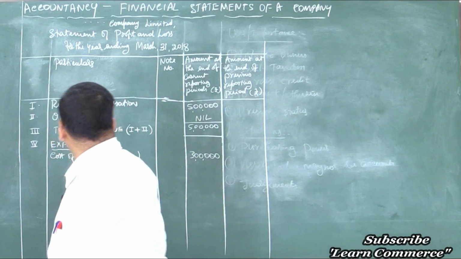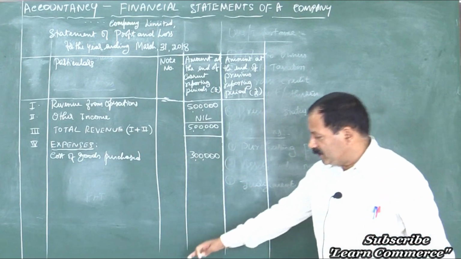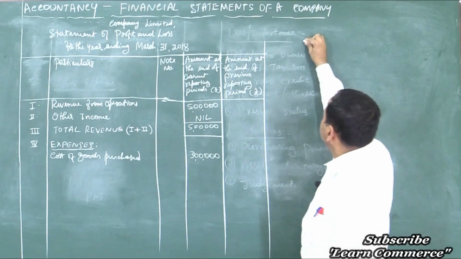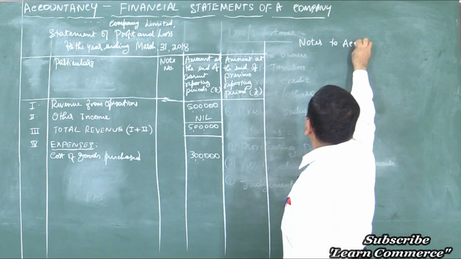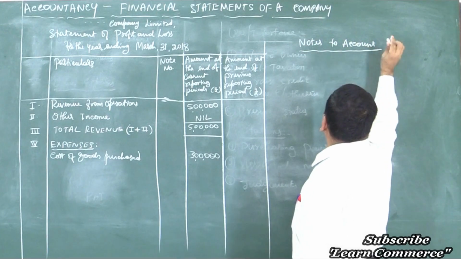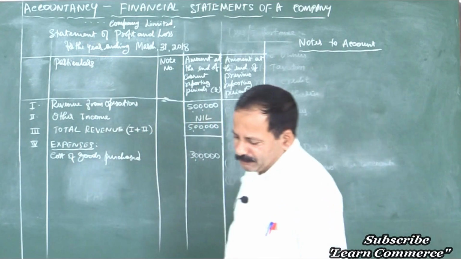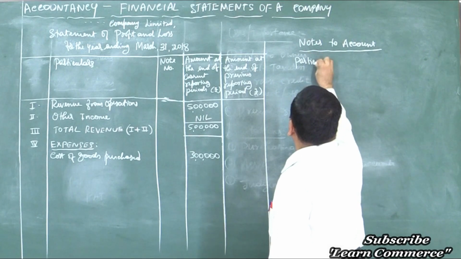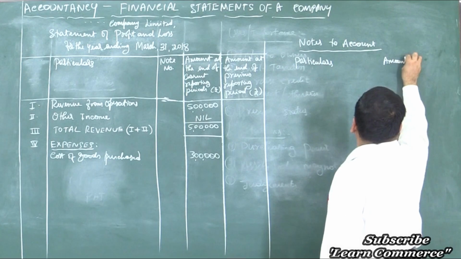Employee benefit expenses. There are 2 items. So prepare a note here below this. Leave space up to here, isn't it? Then prepare the note, Notes to account. Under this, prepare the note: particulars, amount in rupees, amount in rupees. 3 columns, 2 amount columns.